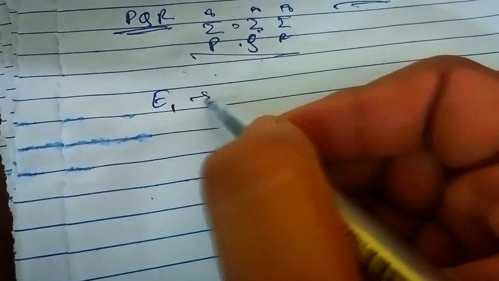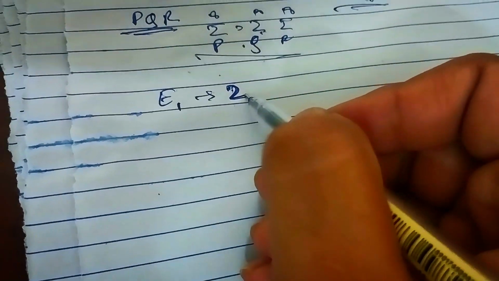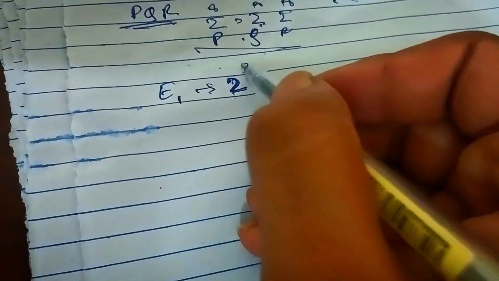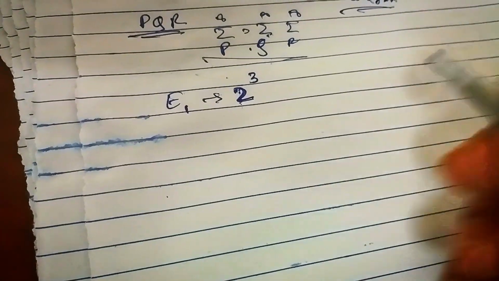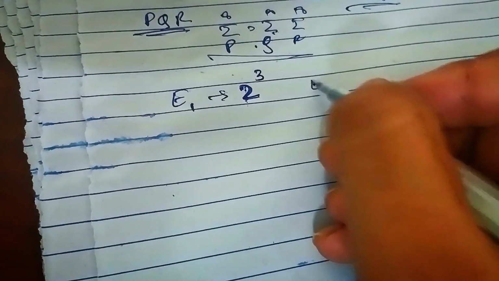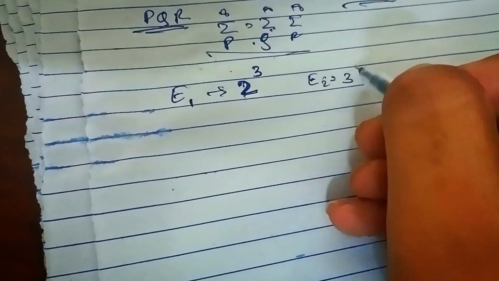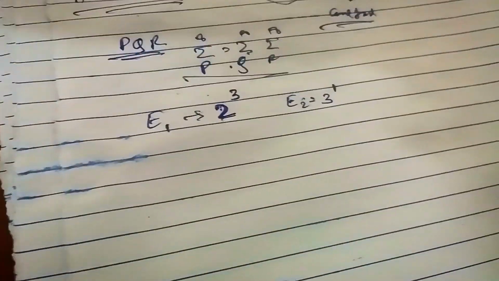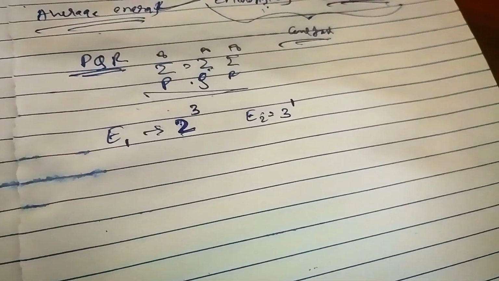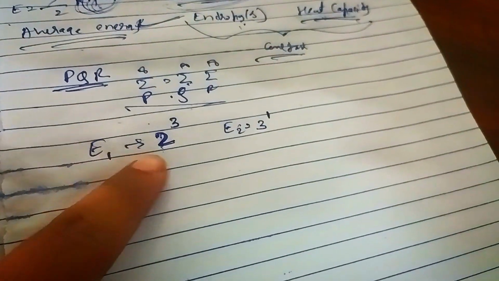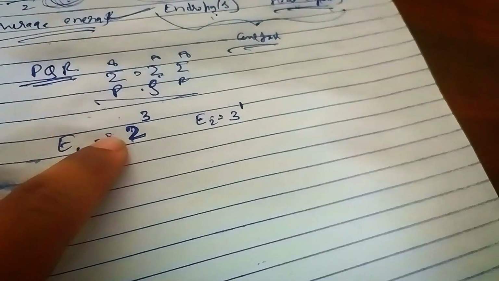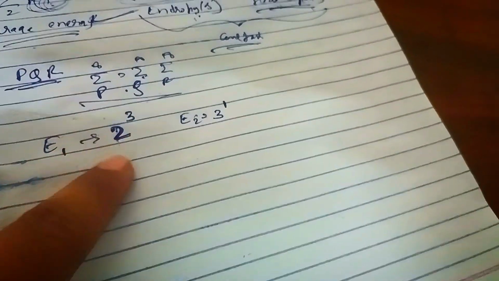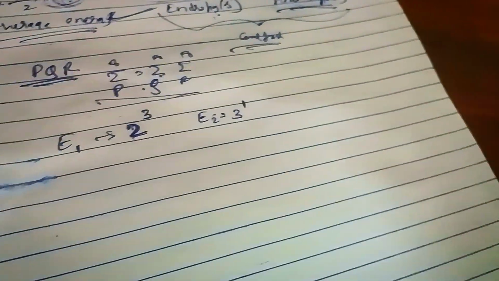For E1 we have degeneracy 2 and there are 3 molecules, and for E2 degeneracy will be 3 and there is 1 molecule.